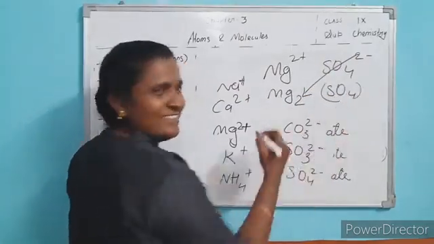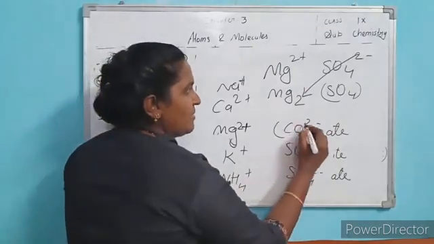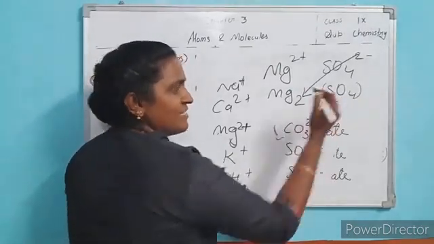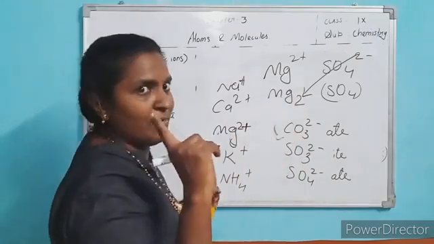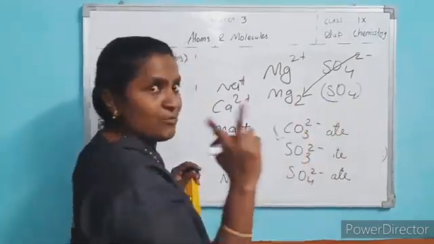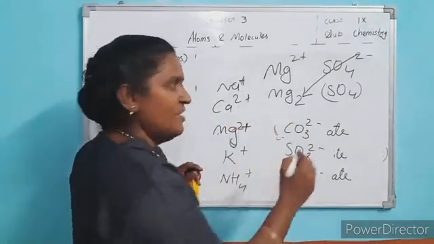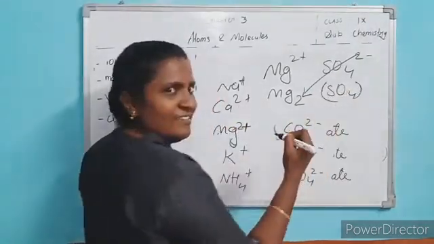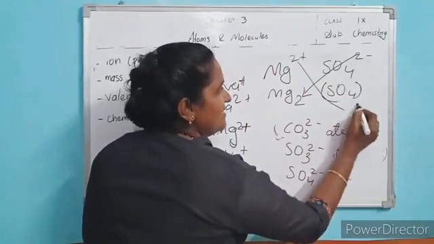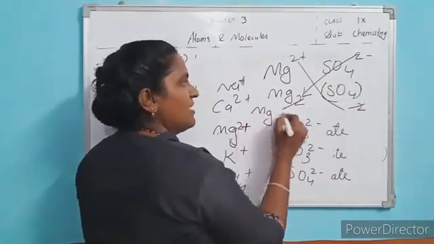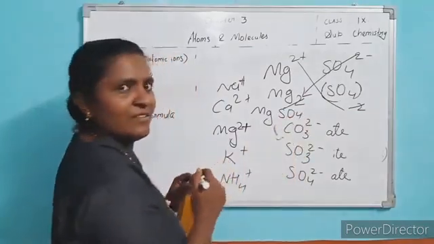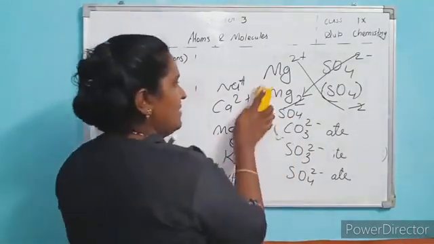So write it in brackets. Wherever polyatomic elements are there, you write in brackets. Here only magnesium, the second letter is small, which means one element. Both are capital letters, so 2 types of elements are involved, so write in bracket. Are you clear? These 2 you write here. Now the 2s cancel. So the magnesium sulfate formula is MgSO4.